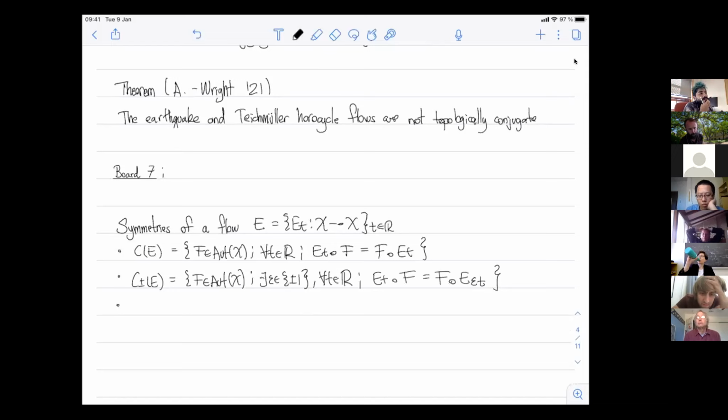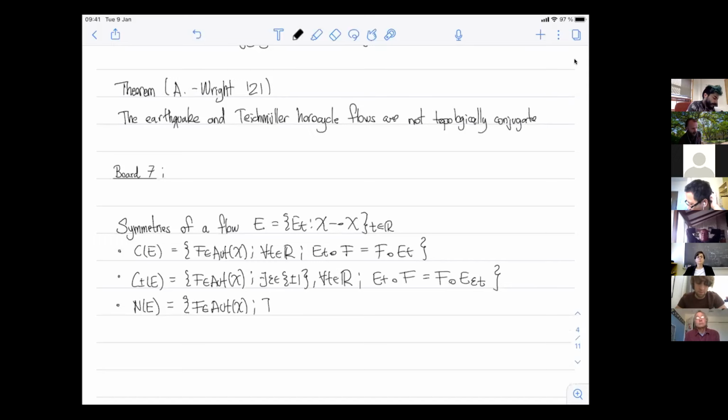But let's be even more wild and consider an even larger group of symmetries, and that's the normalizer of the flow. This might at first seem a bit weird, but let me write the definition and I'll explain where it comes from, and then it'll be more natural. These are automorphisms that not only can reverse the time, but can also dilate it.